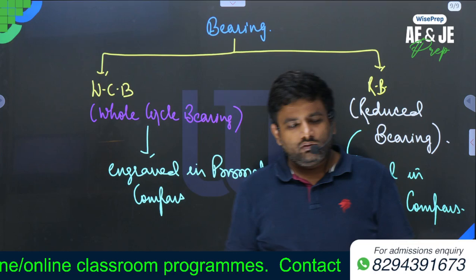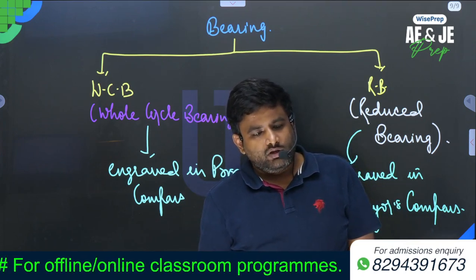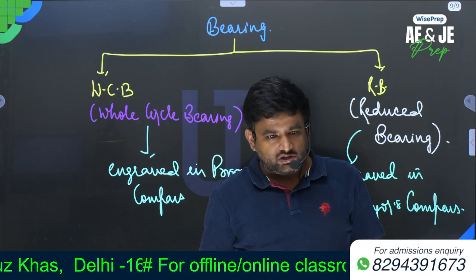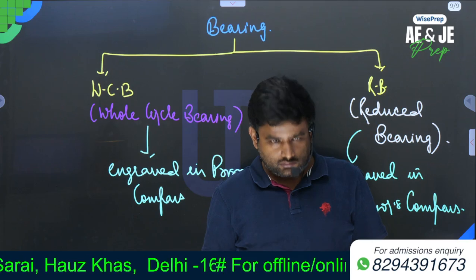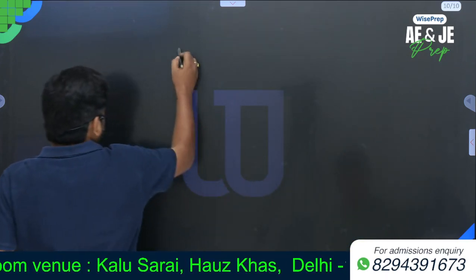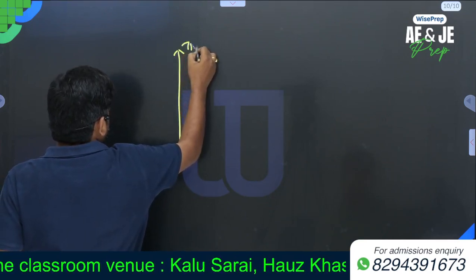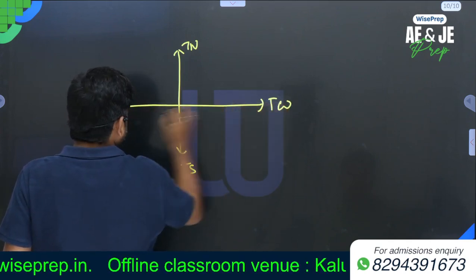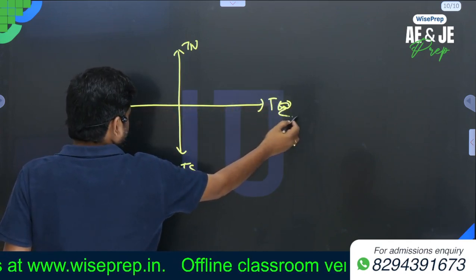It means that, let's see here, gentlemen, bearing is always taken along the north or south, whichever is closer. So, as I am saying, true north, true south, true west, true east.